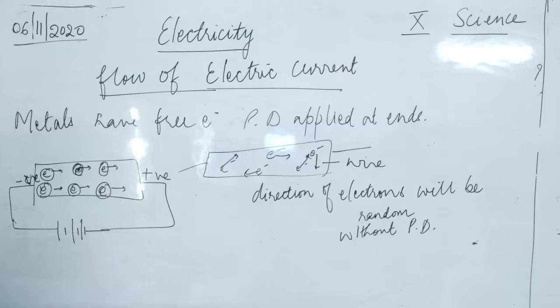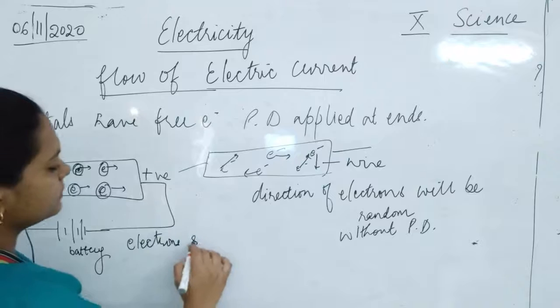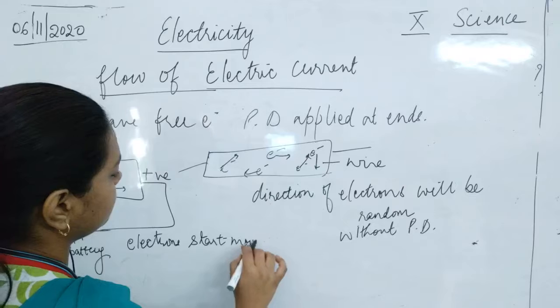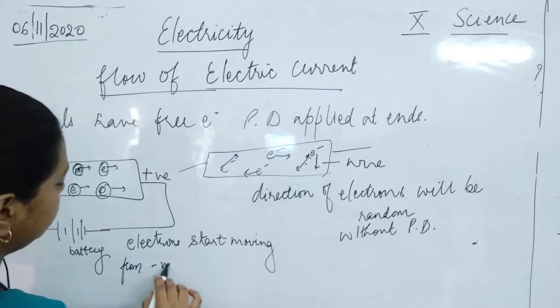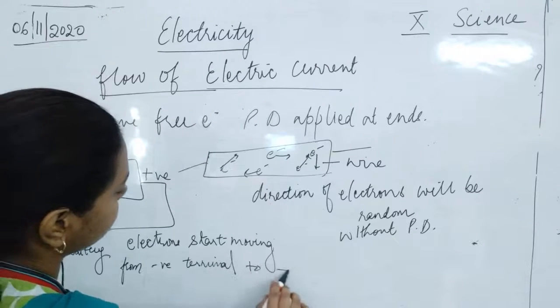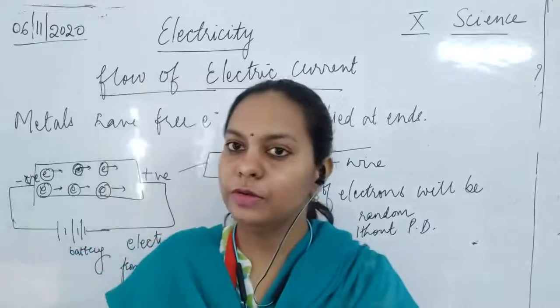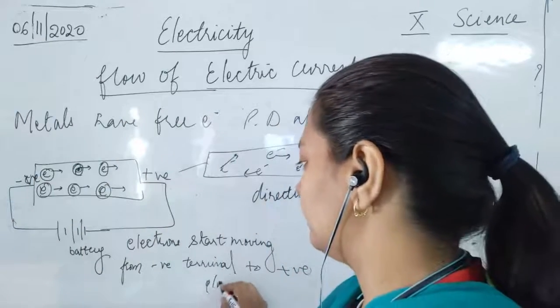As soon as a battery or a cell is applied, the electrons start moving from the negative terminal to the positive terminal, and this is said to be the electric current.